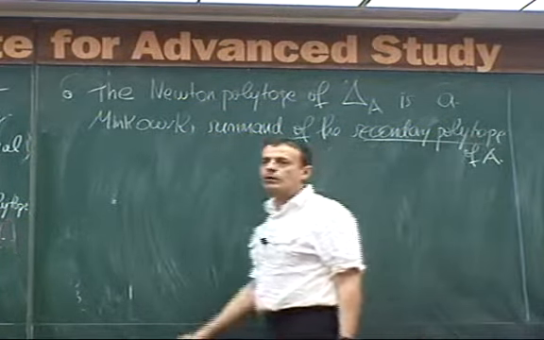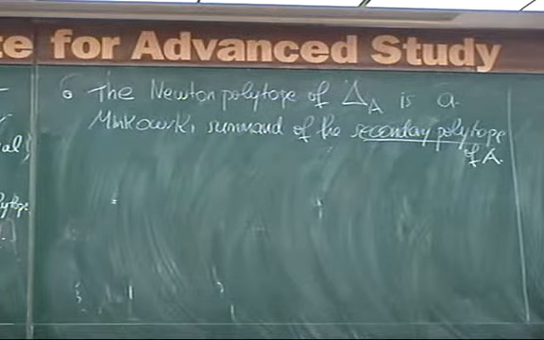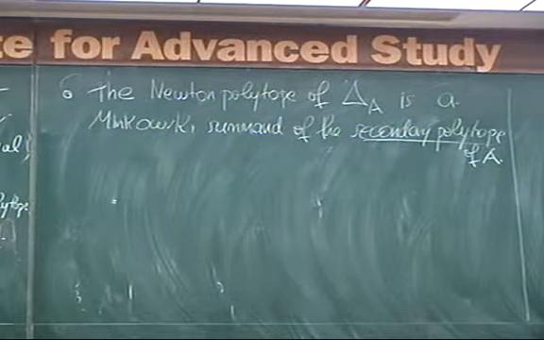The secondary polytope of our configuration A is a big polytope whose vertices are in one-to-one correspondence with the regular triangulations of A. This is a very important object in toric geometry, and it was introduced for the first time in this book and for this purpose.